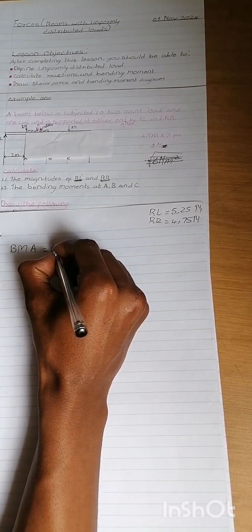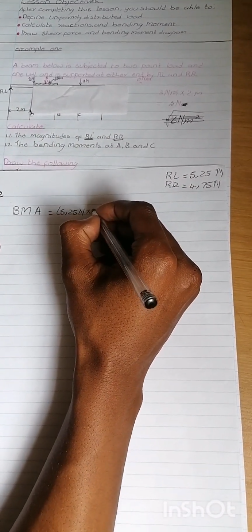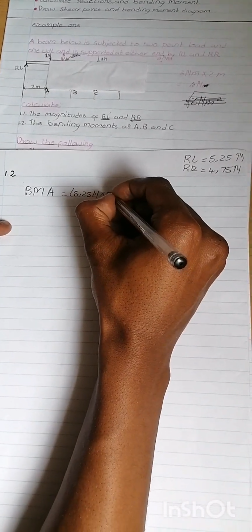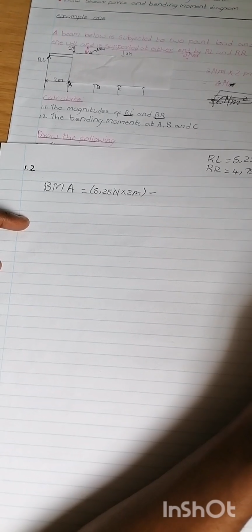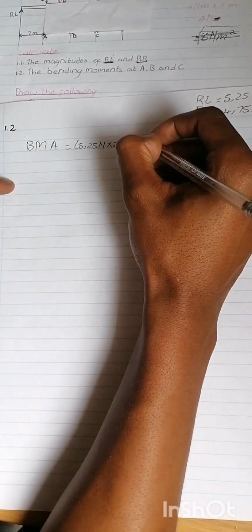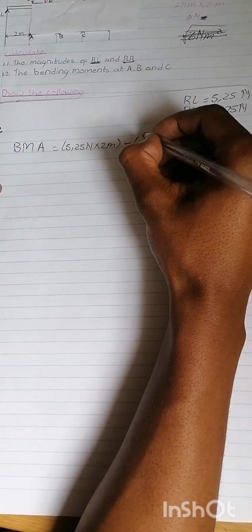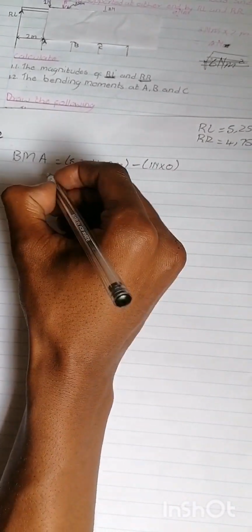Our 5,25 Newton multiplied by the distance to where the paper is sitting, which is 2 meters, minus, because we are subtracting a downwards moment from the upward moment, minus, because the paper is sitting at 1 and there's no distance there, so we are going to say minus 1 Newton multiplied by 0, and anything multiplied by 0, we know that it is 0.